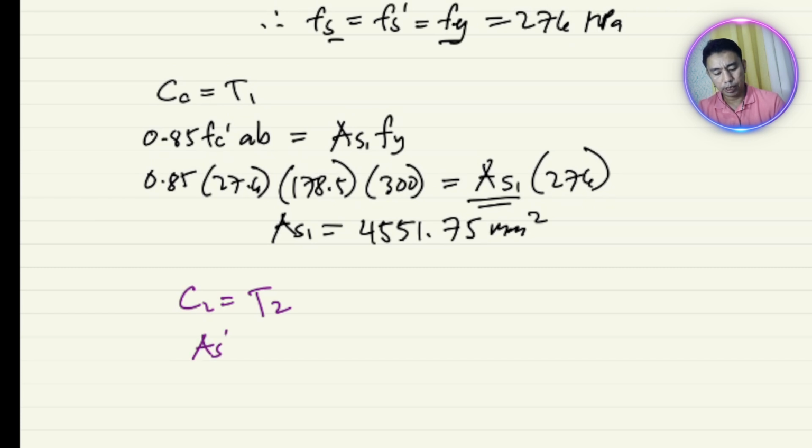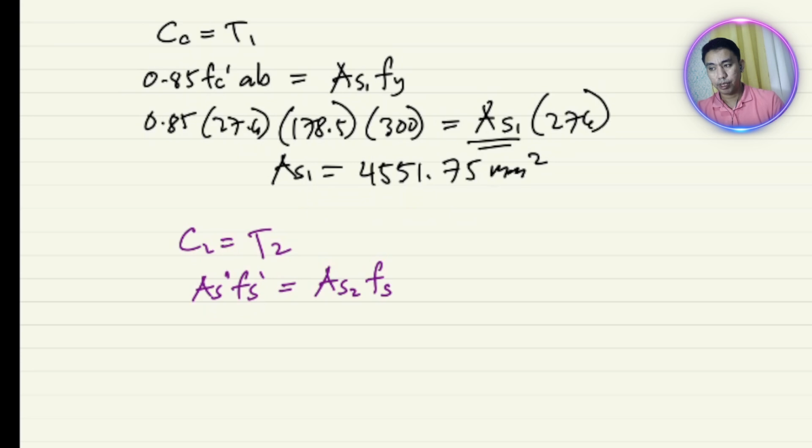Yung C2 natin is As prime Fs prime is equal to As2 Fs. Okay? Summation of forces lang ito ng second couple natin. Compression versus tension here. So, ang As prime natin, which is unknown, times Fs prime. Ano yung Fs prime? Equal to Fy. 276 equal to As2 276.